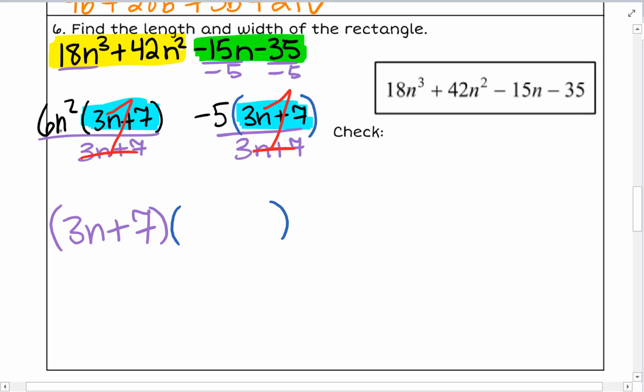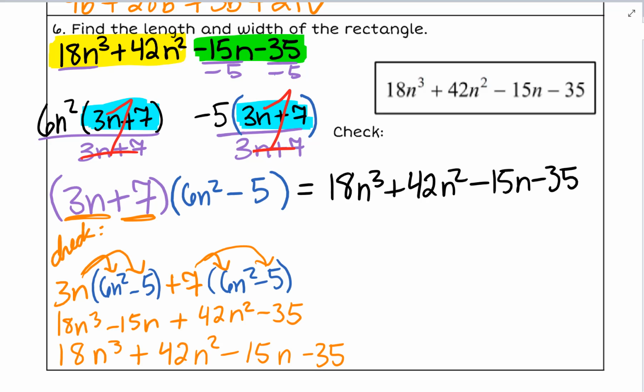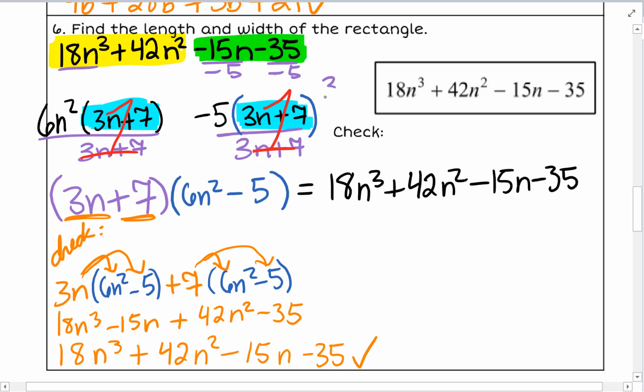So I have 6n squared times 1, which is 6n squared, and I have negative 5 times 1, which is negative 5. This should be my length and my width. But I gotta check. All right, so our length and width are 3n plus 7 and 6n squared minus 5.